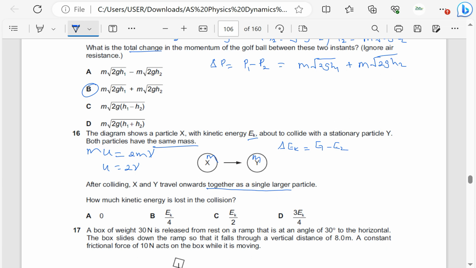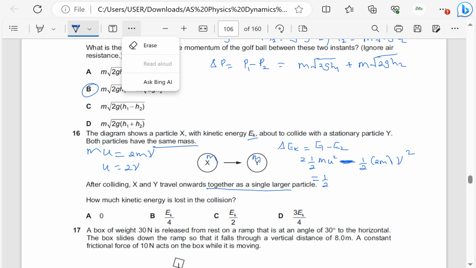Total kinetic energy before is going to be a half times m times u squared, where u is twice v, minus the final kinetic energy, which is a half times the total mass, twice m, times the final velocity v, squared.